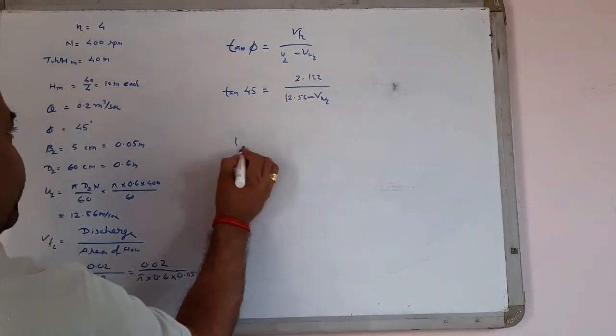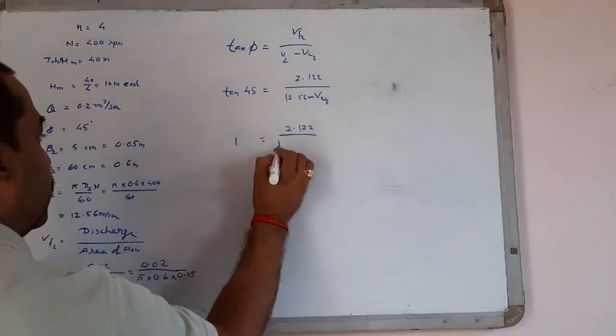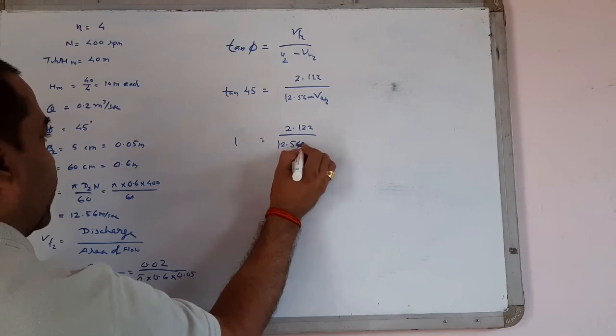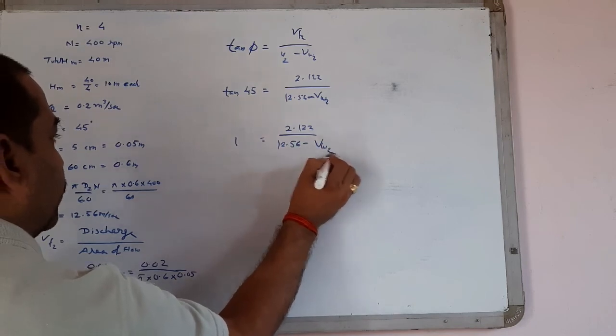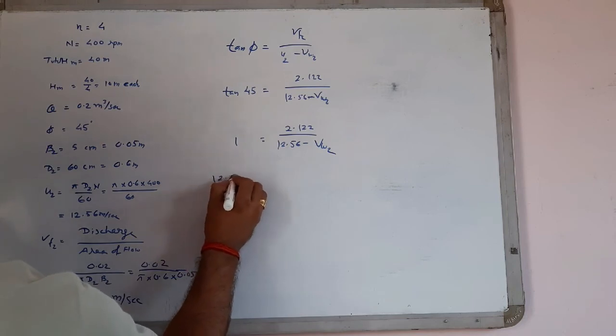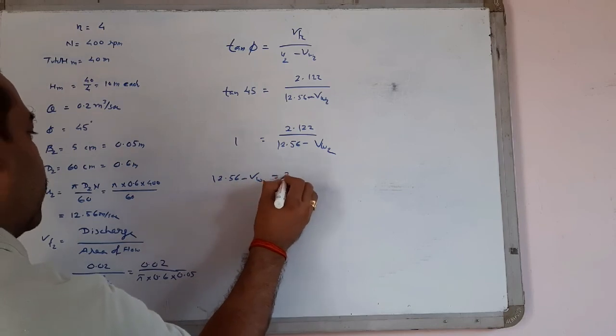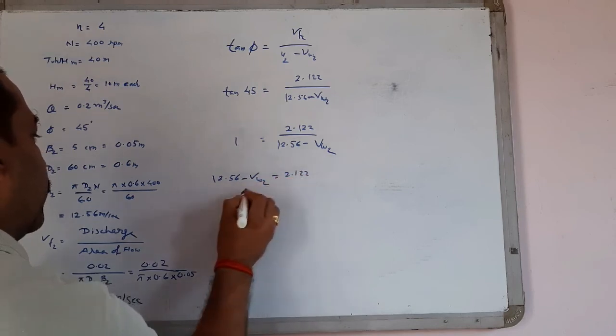The value of tan 45 is 1, so 12.56 minus VW2 equal to 2.122.